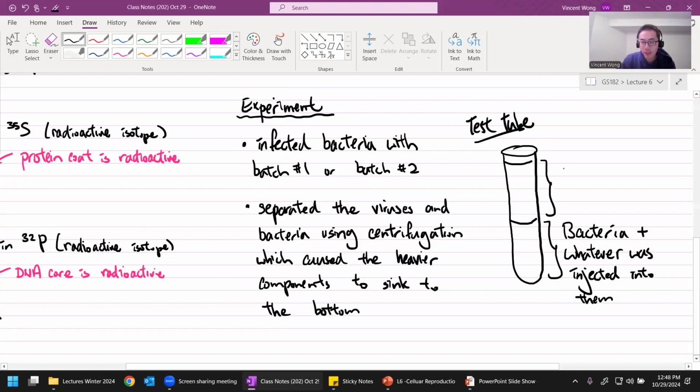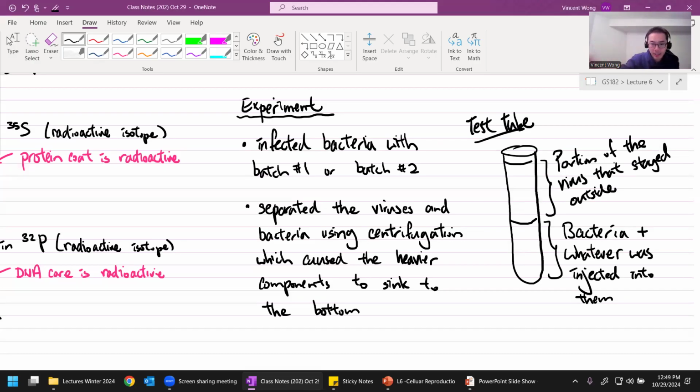And over here, the top part is the portion of the virus that stayed outside. They did not go into the bacteria. Does anybody have any questions about this setup and the meaning of the test tube before we continue?